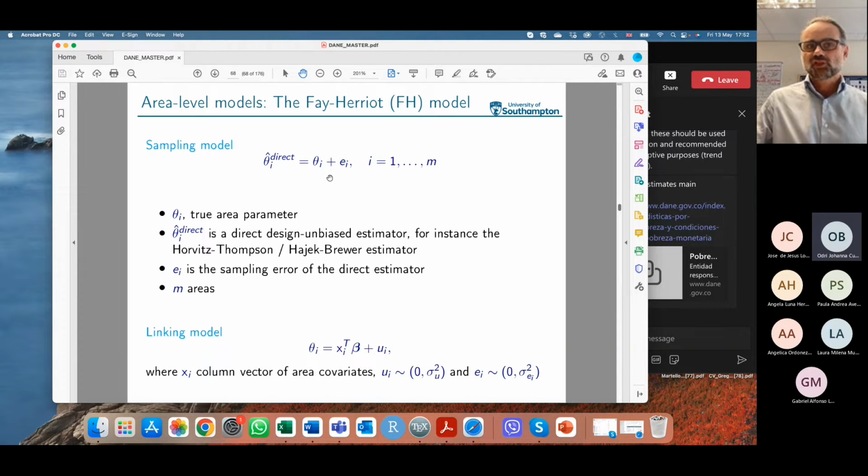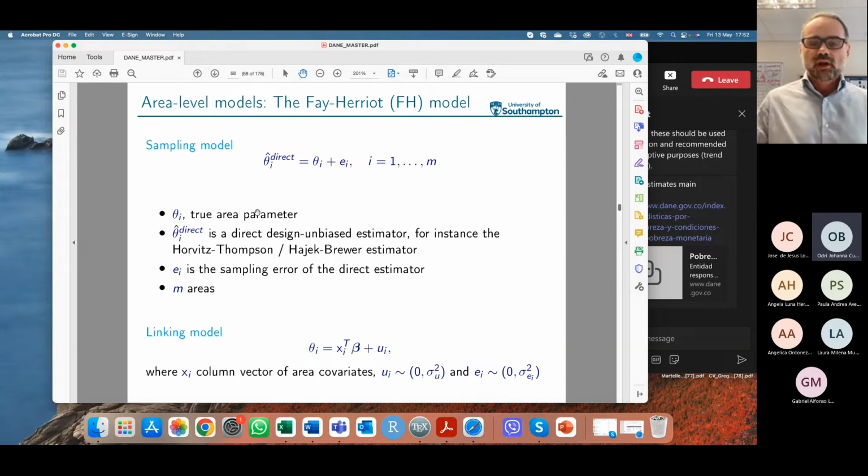Okay, so theta i here denotes the true area parameter. Think of mean income as your target parameter. Theta hat i direct is a direct design-unbiased estimator, for example, one of the estimators that Angela presented, like the Horvitz-Thompson or the Hajek-Brewer estimator. And e i is the sampling error of the direct estimator.